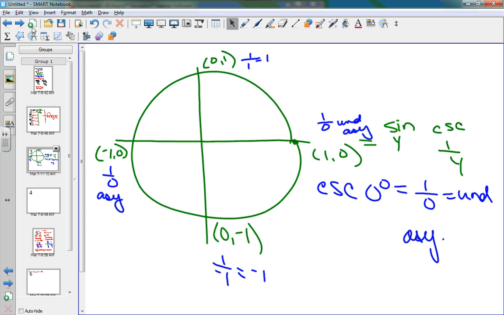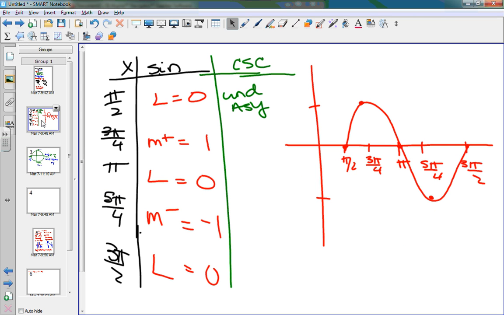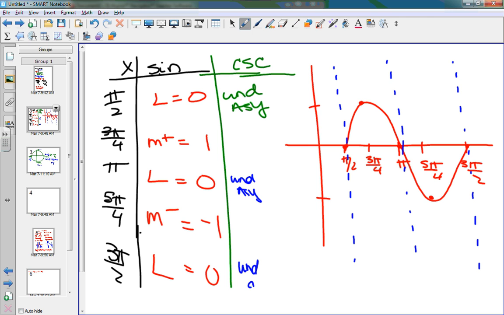So if we come back here, we're going to put an asymptote here, an asymptote here, and an asymptote here. Yes, you have to draw those on your paper. So just make that graph and put that on. We're not done. Your lovely little levels become asymptotes.